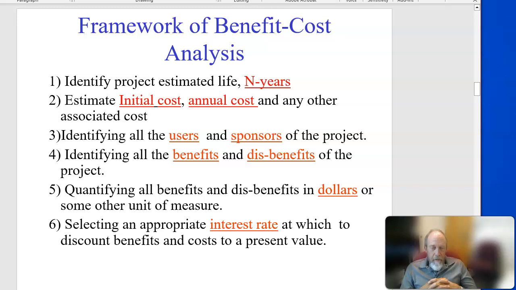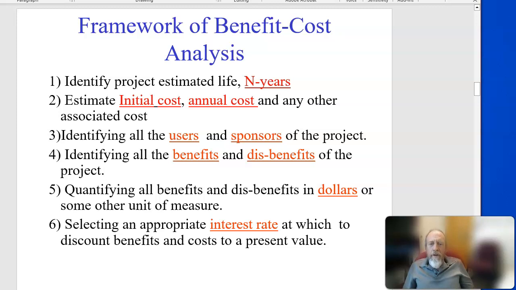And it could potentially be essentially infinity as far as we're concerned, because once you get above a certain value, it's really hard to show the difference; the costs go way out into the future, but the benefits go way out into the future too. So you'll have an initial cost. That's going to be the cost of building it, putting it together. You're probably going to have an annual cost, okay? Probably things like maintenance and operations.